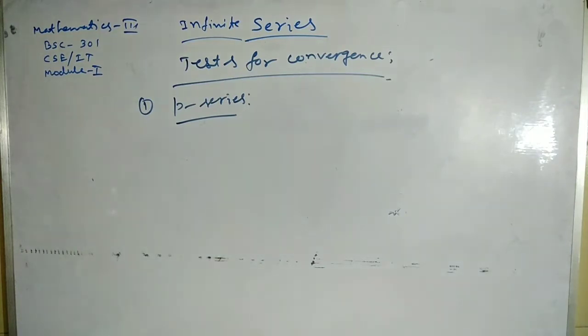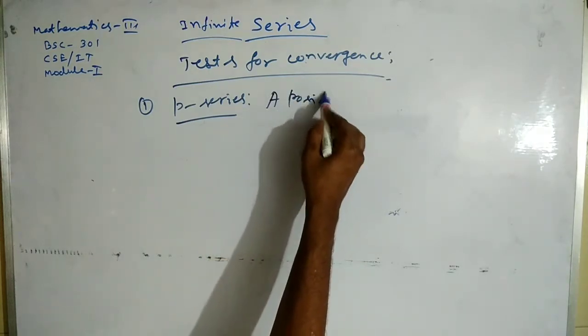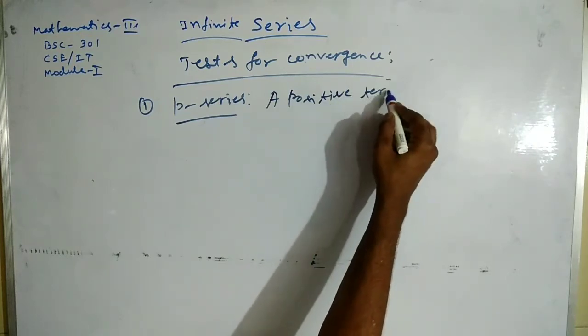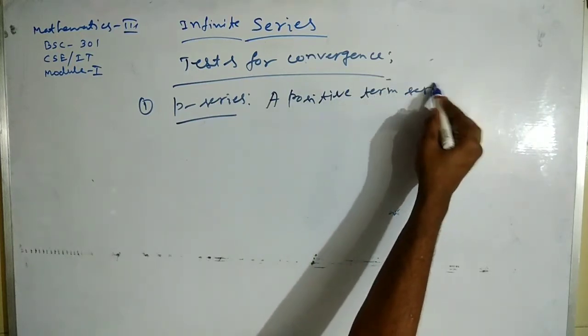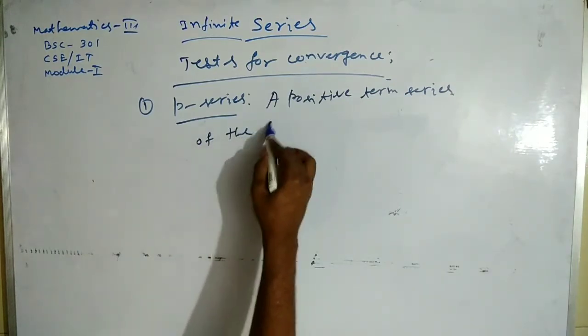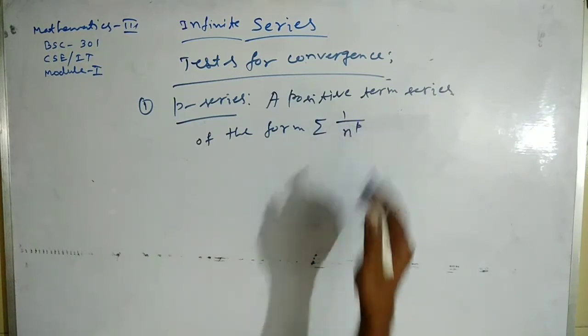The definition of P series is a positive term series of the form summation of 1 by n to the power p.